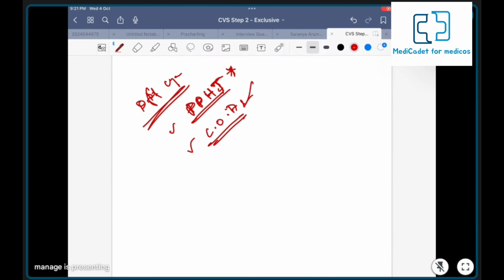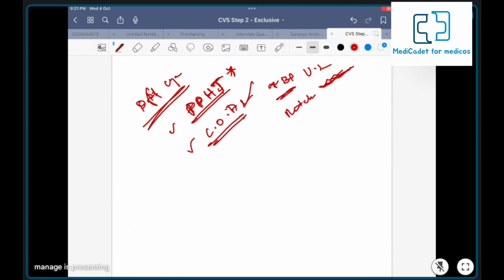But in coarctation, they will give some extra clues, like the baby is having increased blood pressure in the upper limbs, or there is notching. The ribs will have a figure of three appearance, because the blood vessels run along the lower surface of the ribs, and they form a notching because of the increased blood pressure in these vessels.